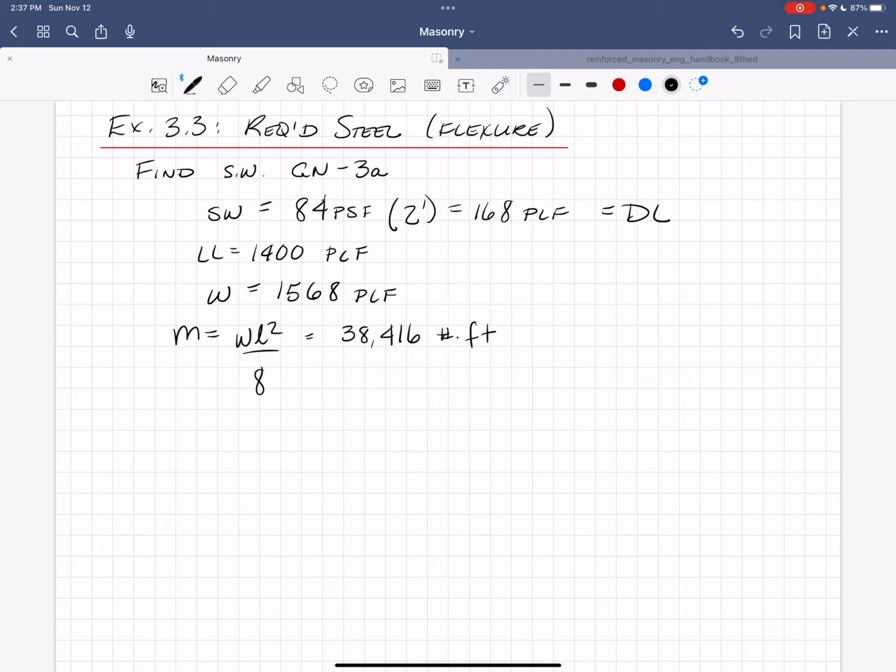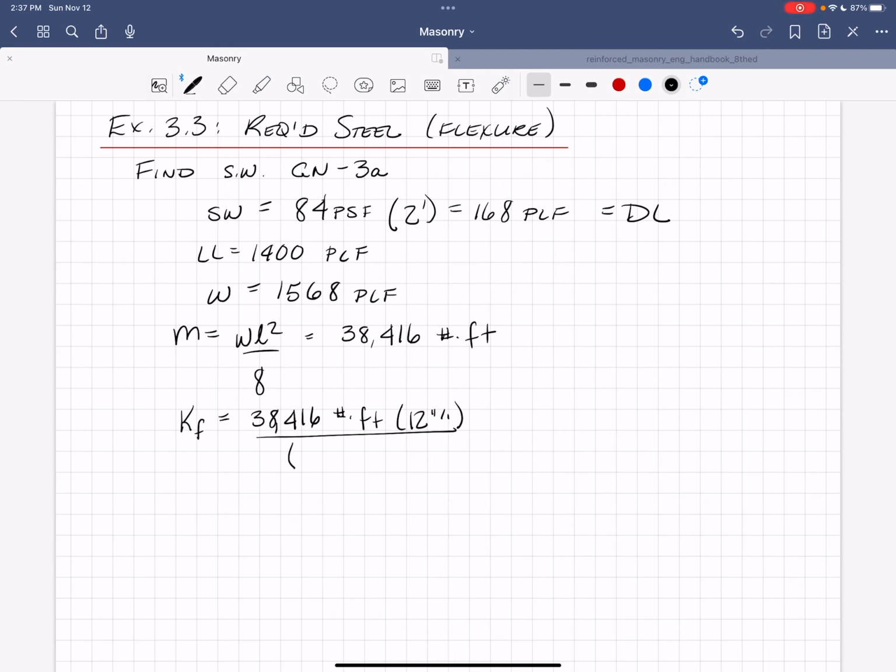Okay. Well, let's go ahead and figure out our KF value, so I can go into the tables. Our required moment is 38,416 pound-feet. I better get that into inch-pounds because I'm going to go into the table and then divide.